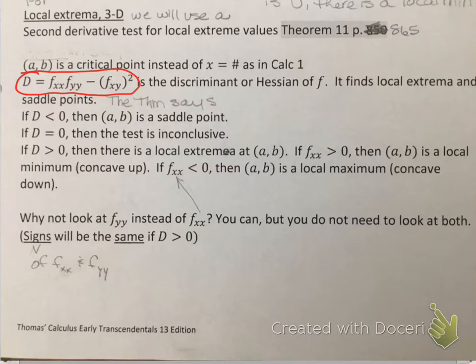The discriminant can be three things: less than 0, equal to 0, or greater than 0. If the discriminant, which is f sub xx times f sub yy minus f sub xy quantity squared, is less than 0, then that coordinate is a saddle point.